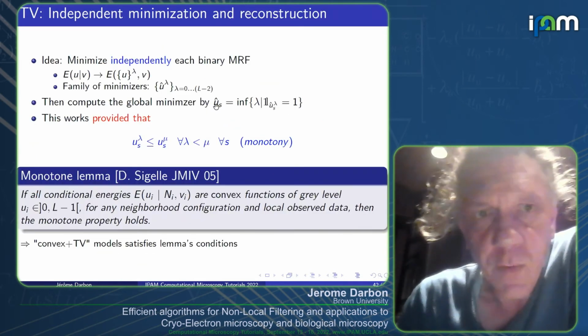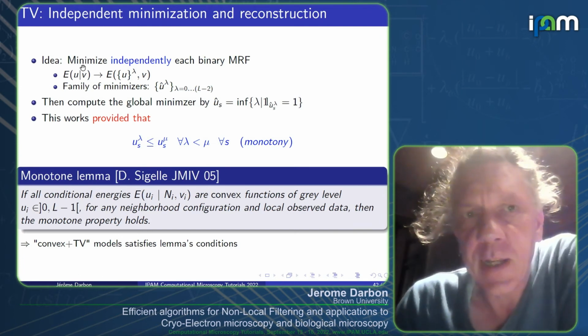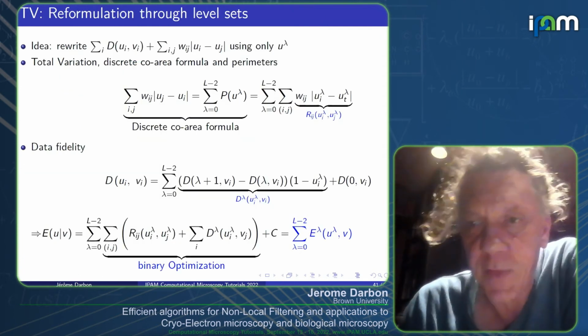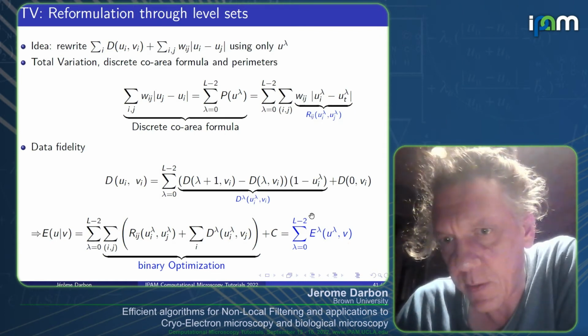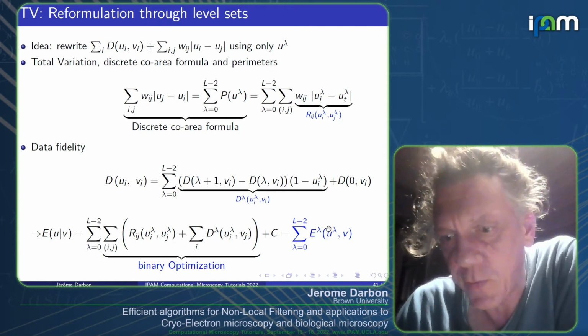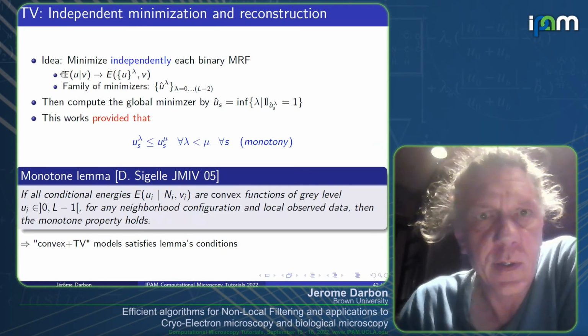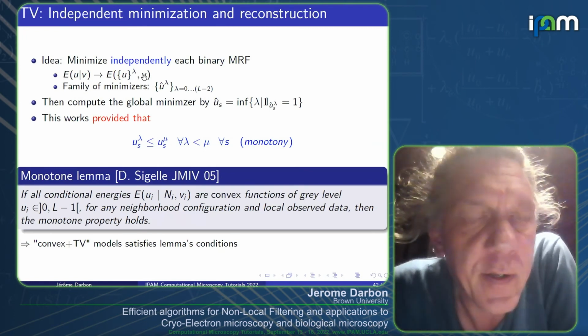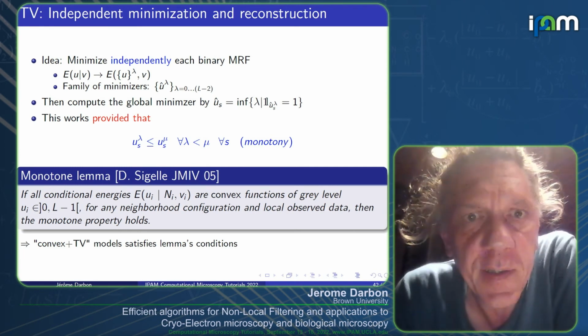Now, let's go wild, and let's say that we can minimize independently each of the terms in that sum. Let's go wild. Let's do it. So I minimize each of my binary energies.